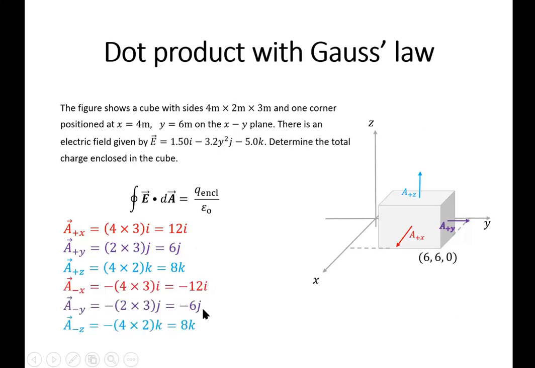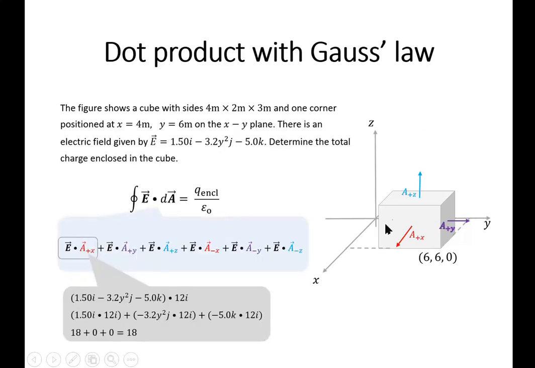We can go on and find the surface areas for the hidden surfaces. Okay, so now we have all the 6 surfaces for the box. Let's see if we can calculate the flux. We can calculate the flux for all the surfaces.